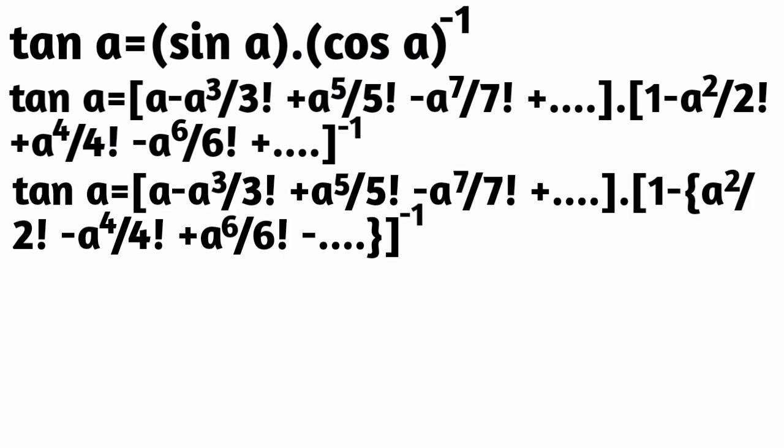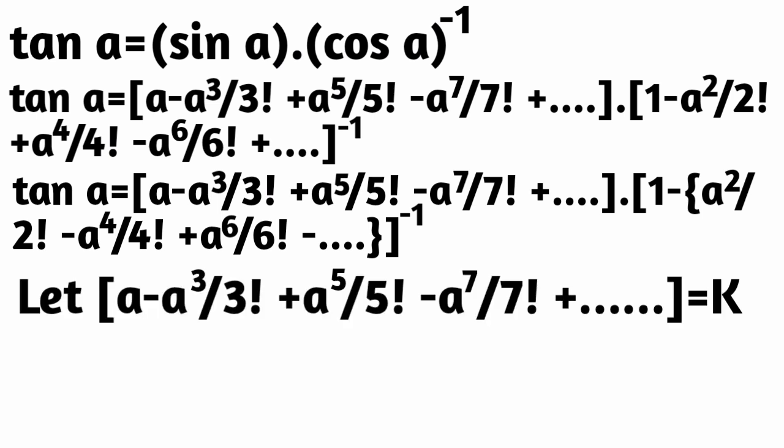That means we have to take each term except 1 in the expression of cos alpha in a curly bracket. This bracketed term will behave like the binomial expression we discussed before, the expression of (1 minus x) with power minus 1.